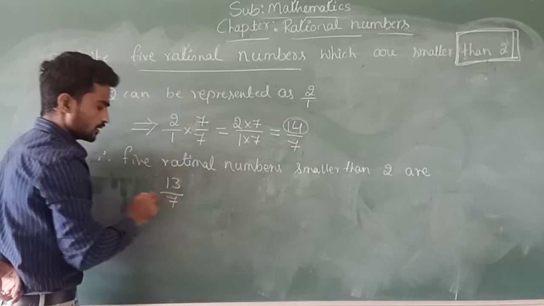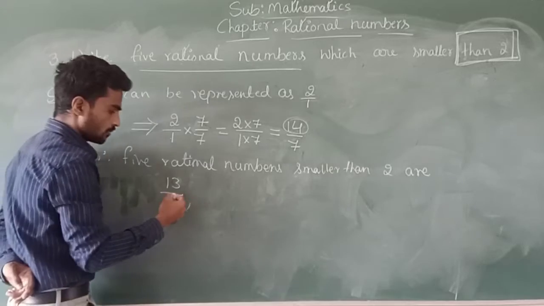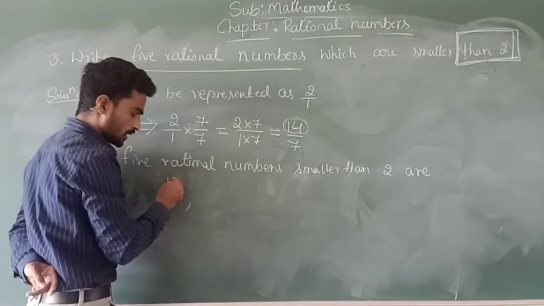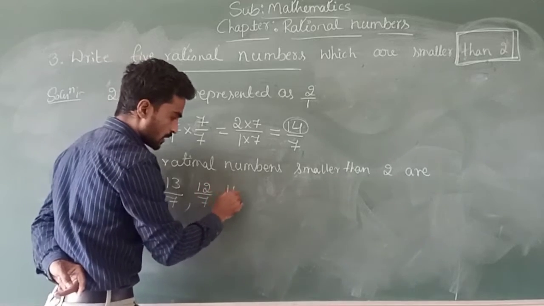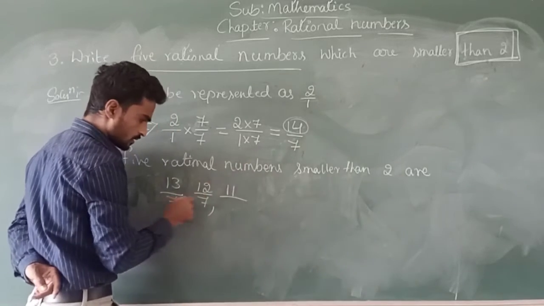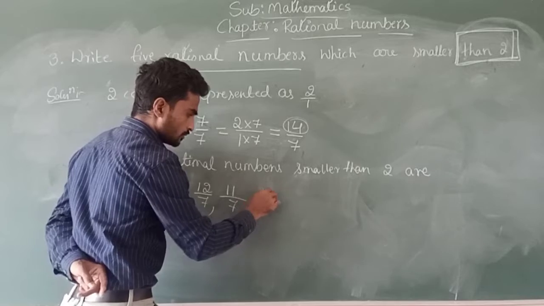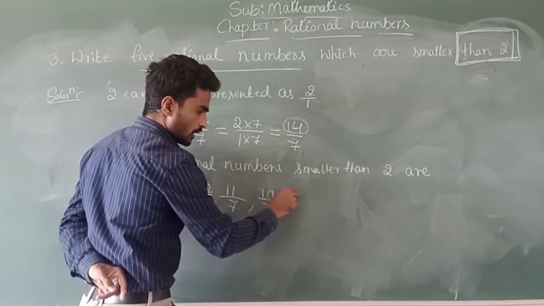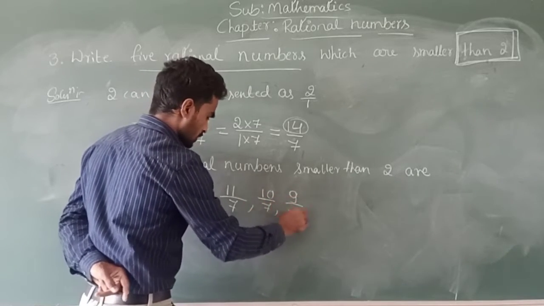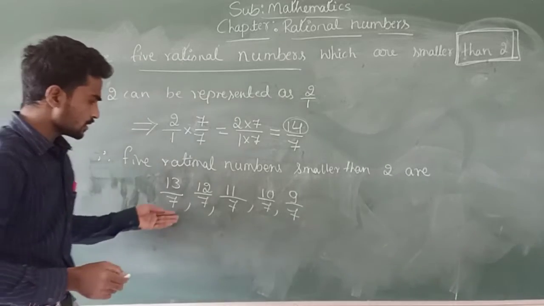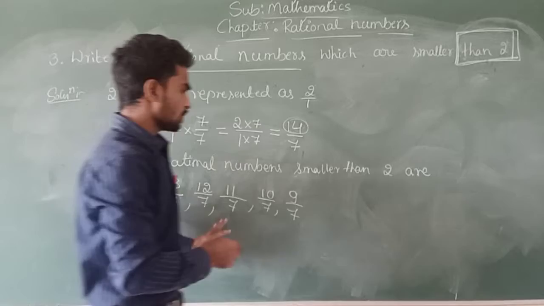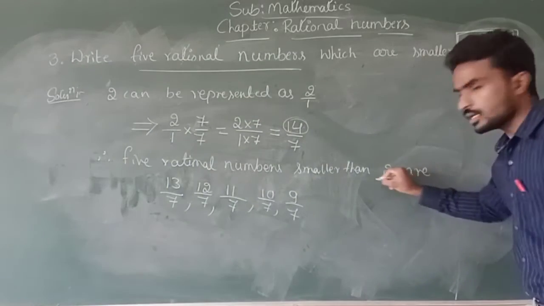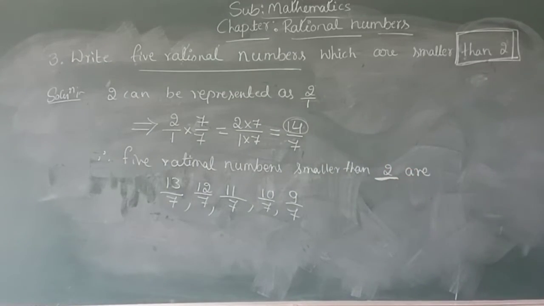You can write 13 by 7. Next, the smaller number than 13 is 12, 12 divided by 7, next number is 11. Take the denominator the same as it is. Then 10 by 7 and then 9 by 7. These numbers are the rational numbers which are lesser than the number 2.